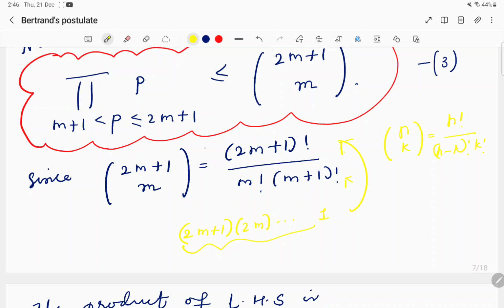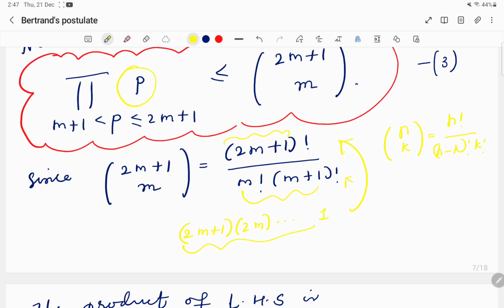So those primes will not come in the denominator, right? Because in the denominator the possible primes are less than or equal to m plus 1. Okay, so all these primes are only available in the numerator, and multiplied by a positive factor, so definitely this inequality is true.